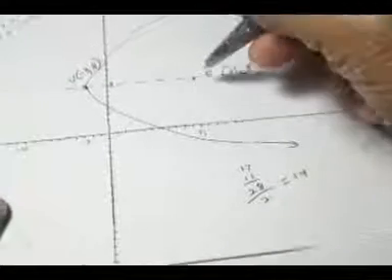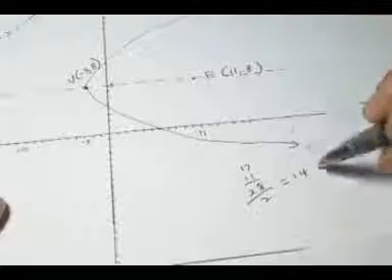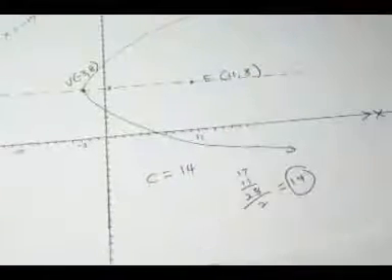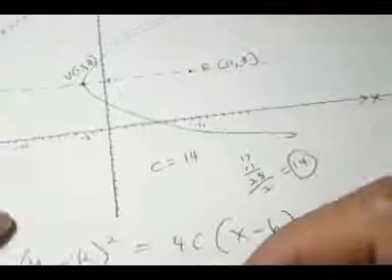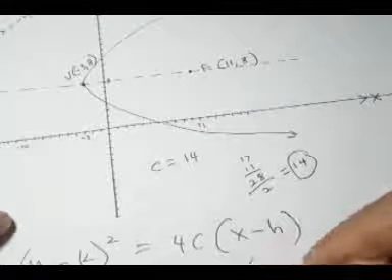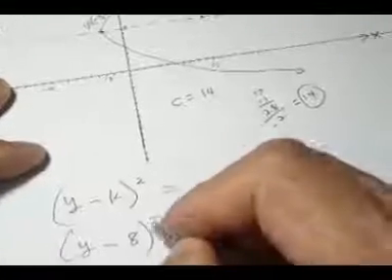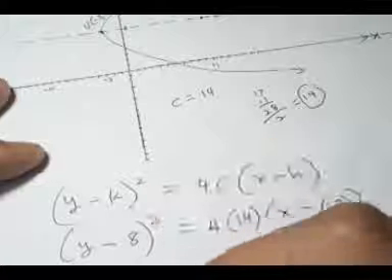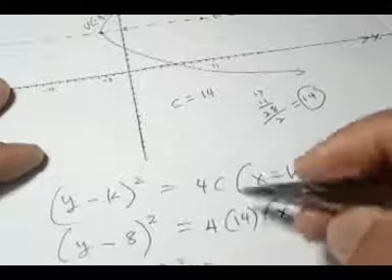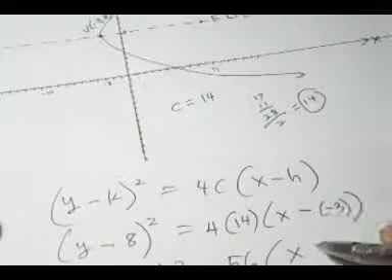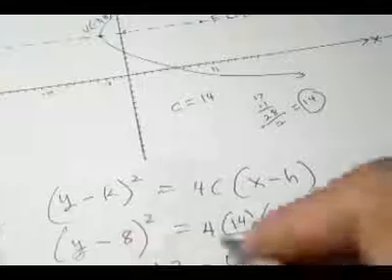Here is our c. This distance, which is 14, c equals 14, times x minus h, which is x minus negative 3. Simplify: (y minus 8) squared equals 4 times 14, which is 56, times (x plus 3), since negative and negative is positive 3. So this is our standard equation.